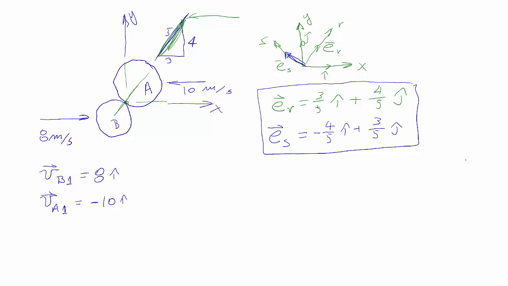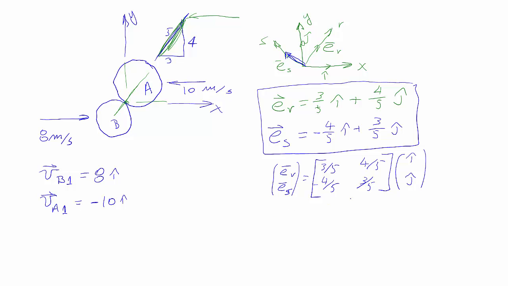That being the case, you could list this as a vector equal to a matrix, which is 3/5 and 4/5, minus 4/5 and 3/5, times i and j.